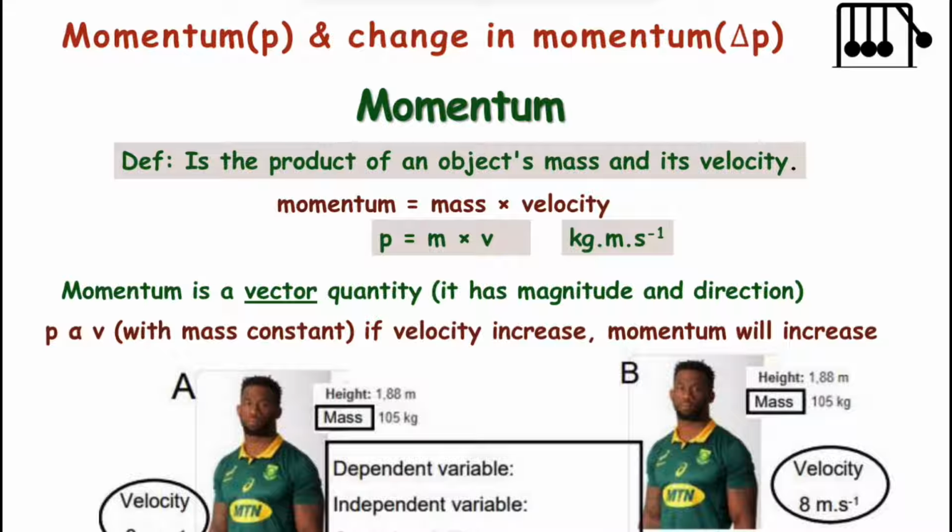A product is multiplication between two variables. So the momentum is m times v. Momentum is a small letter p, and its formula is p equals mass times velocity. The units for momentum are kg meter per second.